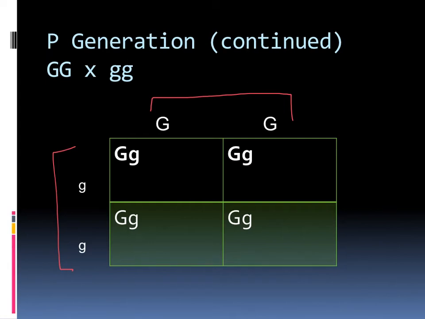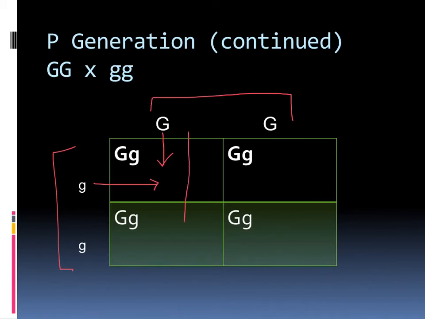But the chances of the offspring's genotypes belong inside the boxes, where you just simply connect the letters that are on the outer edges and always put the capital letter first. So like so. Okay, so that belongs in the first box. That is why that's big G, little g.